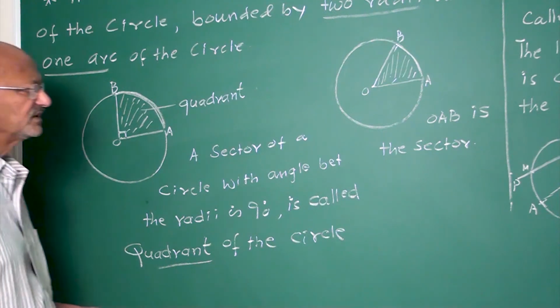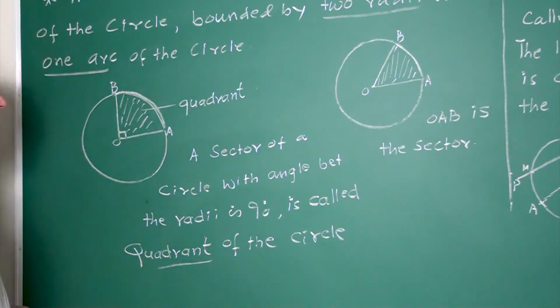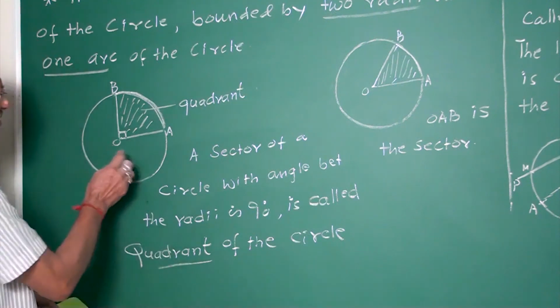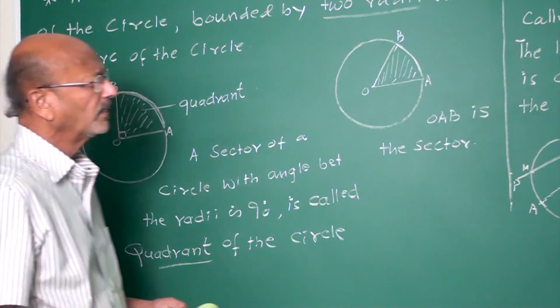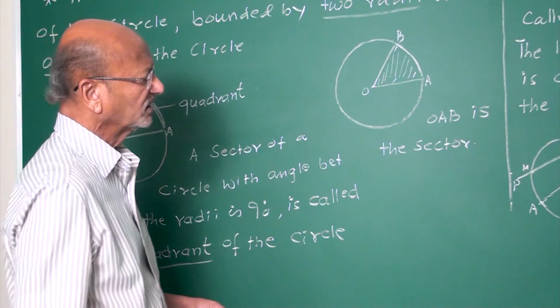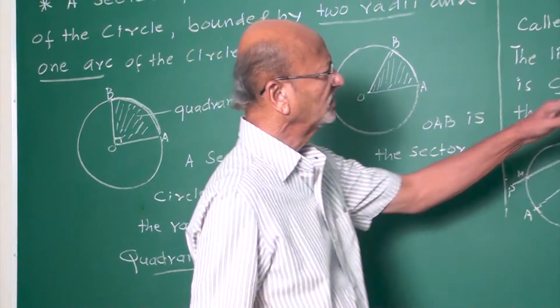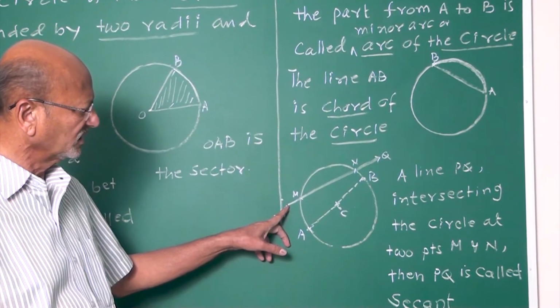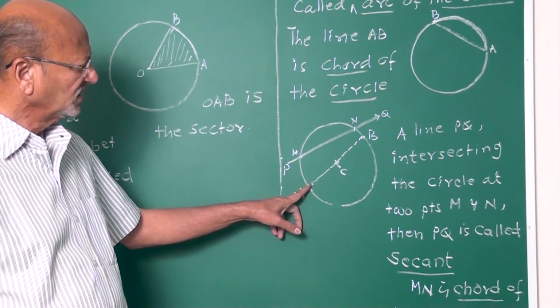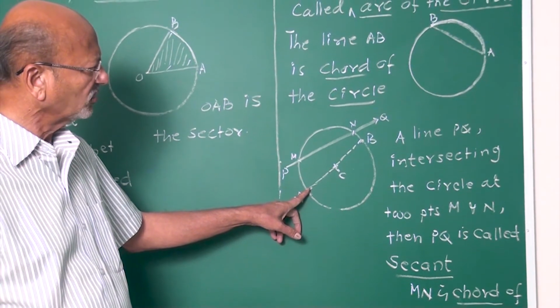Yes, my friends, almost all definitions I made clear. Center of the circle, radius of the circle, diameter of the circle, semicircle. What is this? Chord of the circle. This is a secant of the circle. Diameter is the longest chord of the circle.